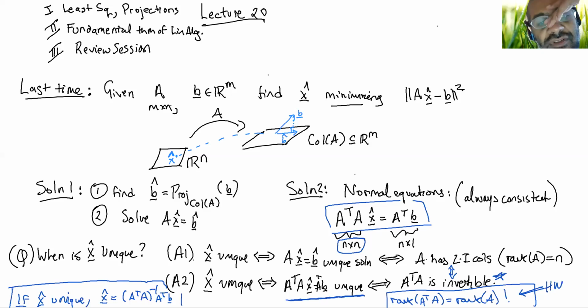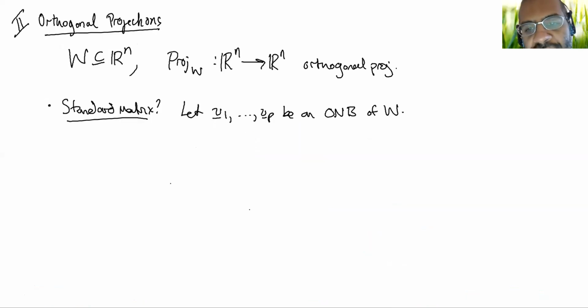As I said, the question was, how do we find the standard matrix? Well, there's a usual formula for doing this, which is to just apply the transformation to the standard basis vectors. But I'm going to do it differently this time. Suppose u1 through up is any orthonormal basis of W. What's the formula for the projection?